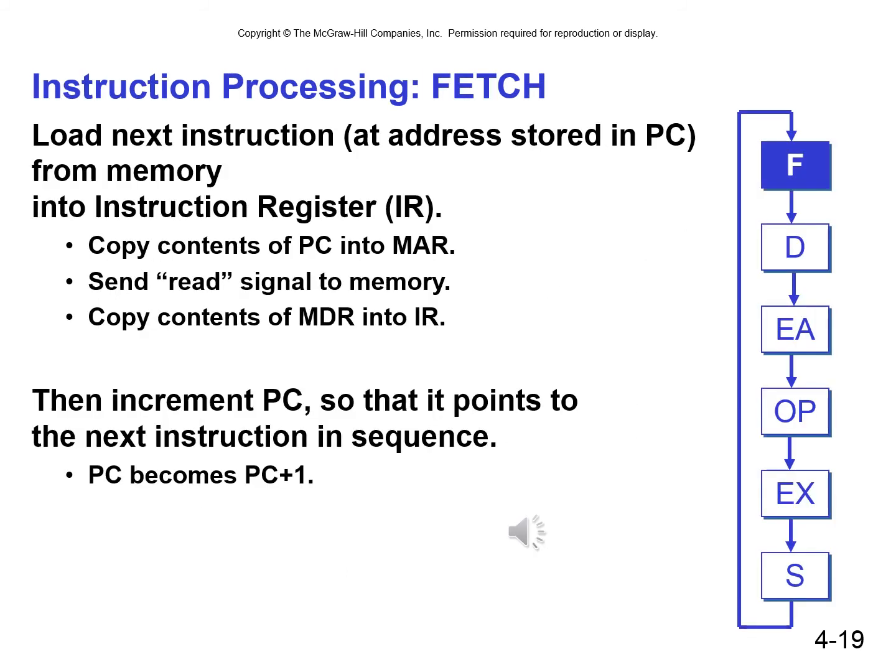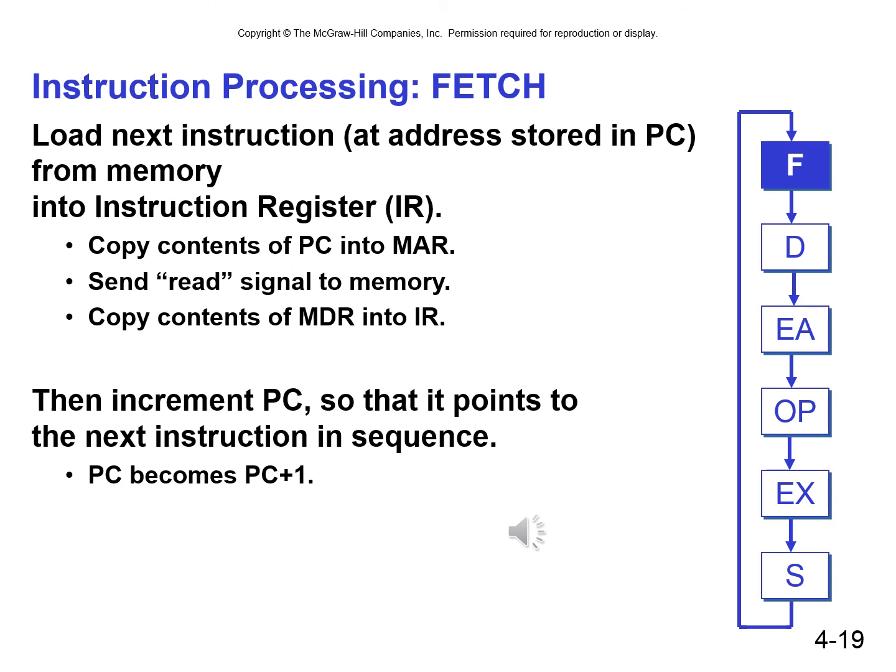Next topic, which is a very important topic, is the instruction processing cycle. And I'm going to walk you through each of the steps in the instruction processing cycle. This is what happens when an instruction is processed.